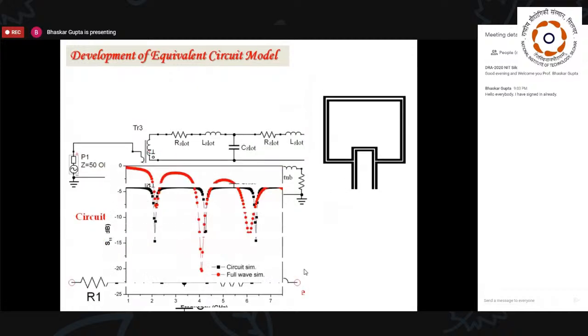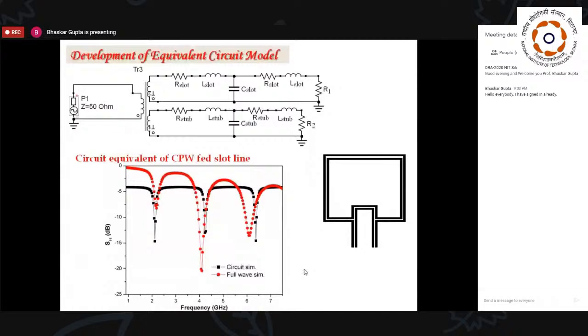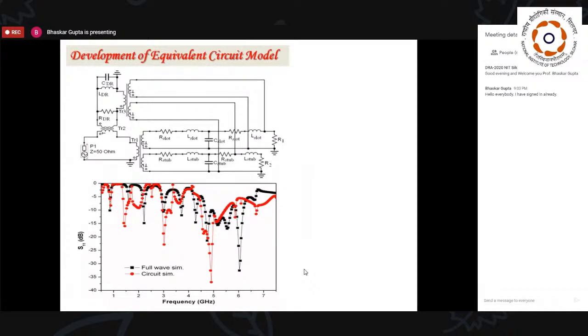Stub means feeding stub, so that you get the total equivalent circuit, and this is the result you get from that circuit model through circuit simulation. Compare it with full wave simulation, you get a resonant frequency at the same position, maybe a little bit of difference in magnitude, but full wave simulation and circuit simulation provide almost the same results, validating our equivalent circuit model.